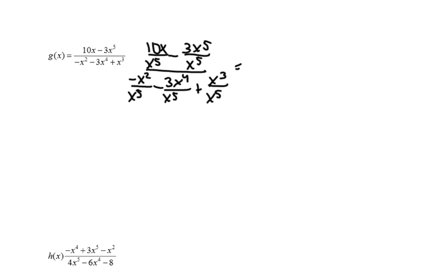Okay, so it simplifies to 10 divided by x to the fourth minus 3. And that's what? Negative 1 divided by x cubed minus 3 divided by x plus 1 over x squared.